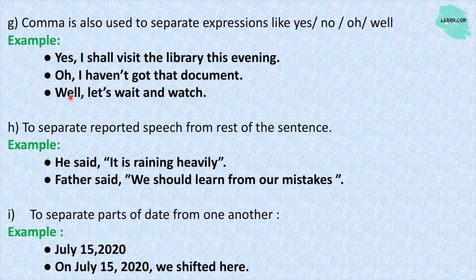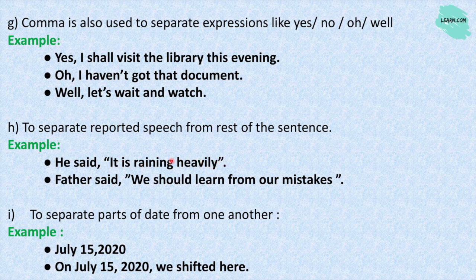Next one is, comma is also used to separate reported speech from the rest of the sentence. Now reported speech we have studied while interchanging direct to indirect or indirect to direct. Whenever we are quoting the words of the speaker, they are put within the inverted commas, like here, double inverted commas. These are the double quotation marks.